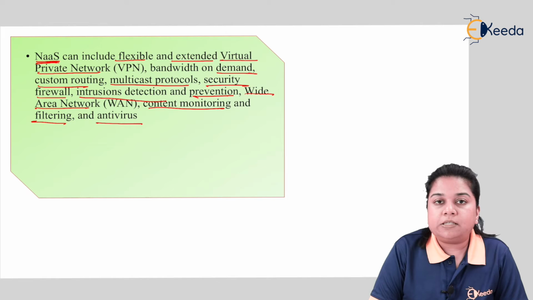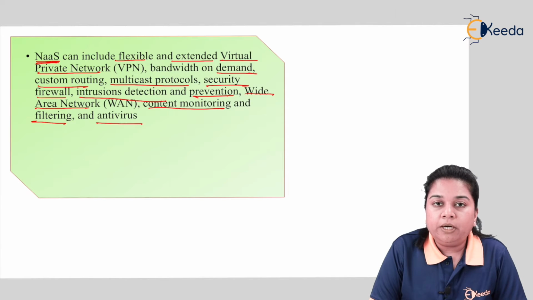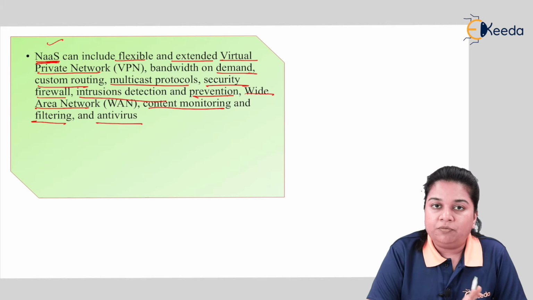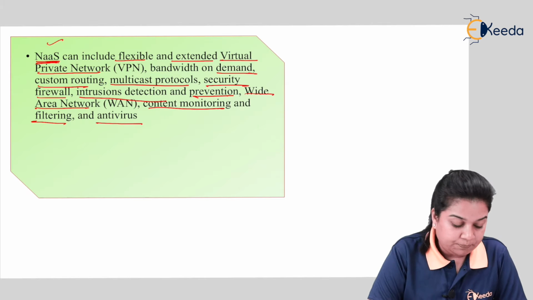So, all these things can be included in network as a service, thus it acts like a different cloud from infrastructure as a service, platform as a service, and software as a service.